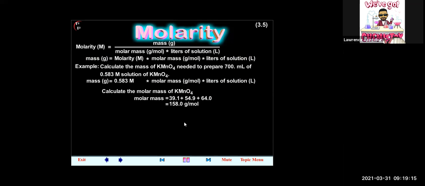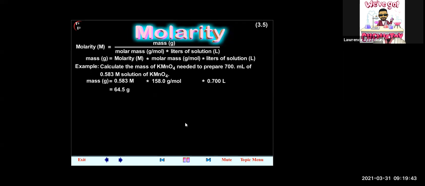158.0 grams per mole. Convert 700 milliliters to liters. 1,000 milliliters equals 1 liter. Hence, 700 milliliters times 1 liter divided by 1,000 milliliters equals 0.7 liters, equals 64.5 grams.